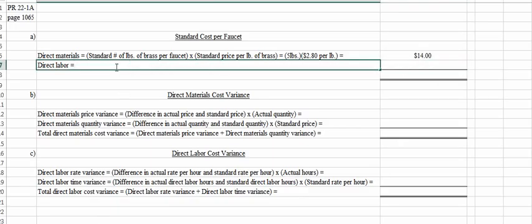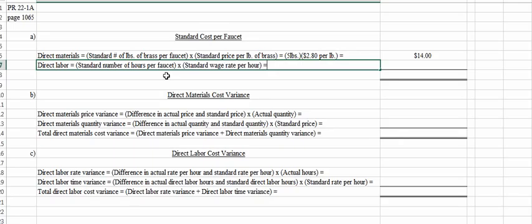Okay, now we want standard cost per faucet when it comes to direct labor. So here we'll take our formula, standard number of hours per faucet. Well, it's actually standard labor time per faucet, 20 minutes.